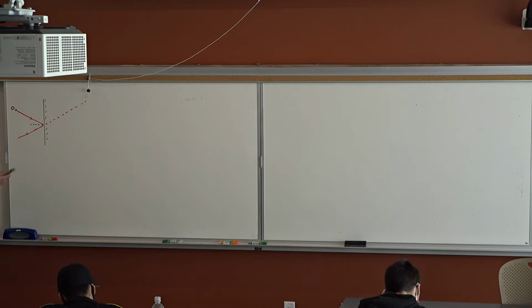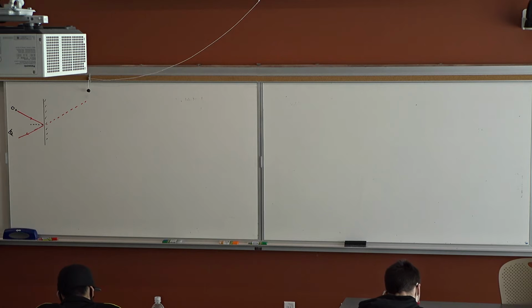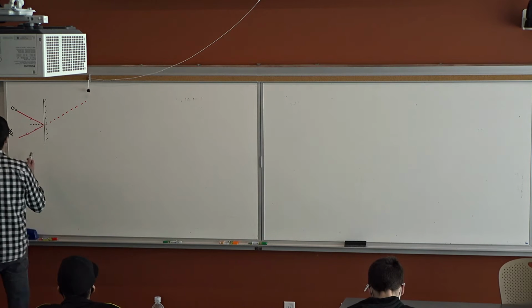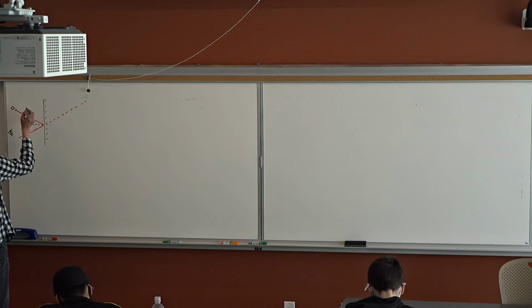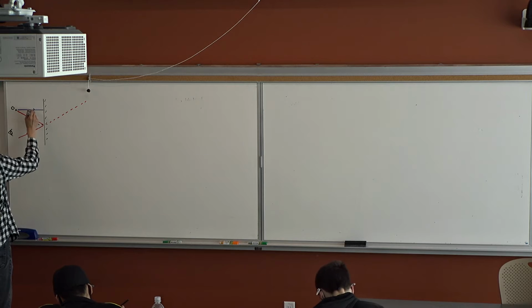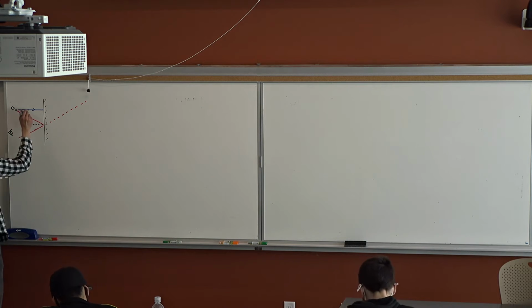Since this is a mirror, I'm putting the observer on this side of the mirror, right? It wouldn't make sense to put the observer back here because those rays wouldn't reach him or her, yeah? I could also draw a ray like this. How's this one going to reflect? Directly back, straight back from whence it came, right?